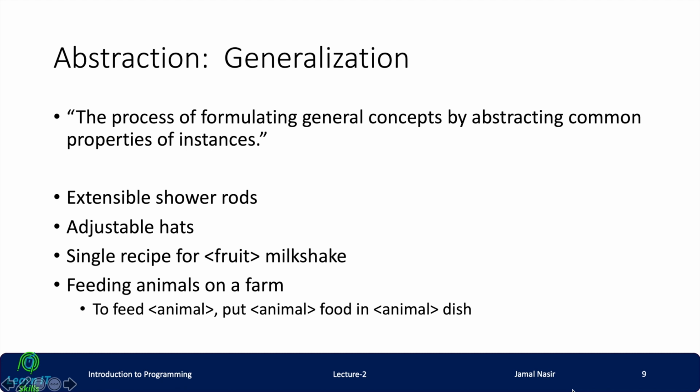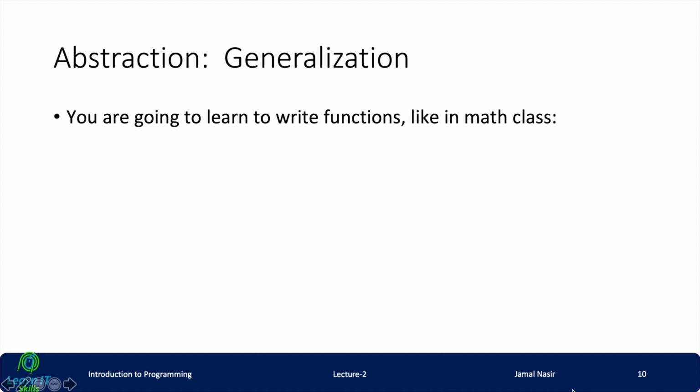So this is generalization. So you are going to learn to write functions like in math class. Like if someone says square root of x, what does it mean? That the value of x could be any. It could be 2, 10, 20, 50. The output should be y, should be the square root of x. So this is generalization.